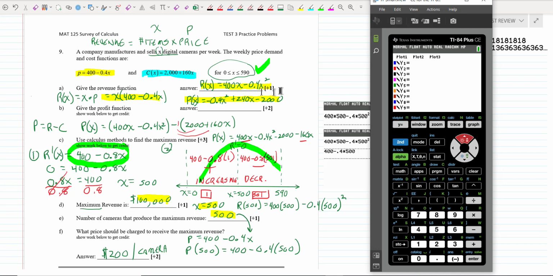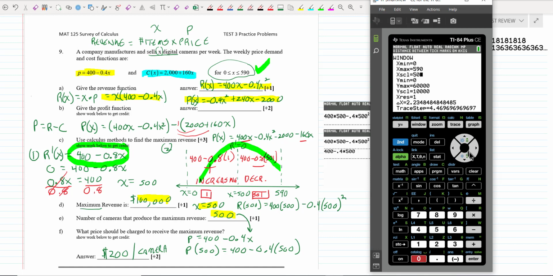So the revenue is in part A, that's 400x minus 0.4x to the second. And we were told to go 0 to 590 on our window. So let's do that, 0 to 590. You can scale that by whatever you want to, maybe 30, 50, something like that would be okay.